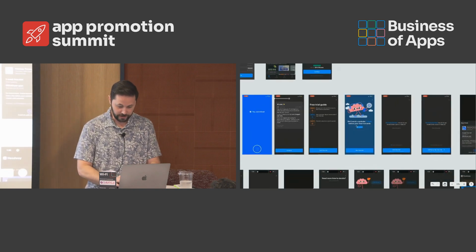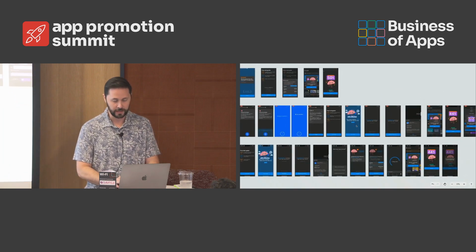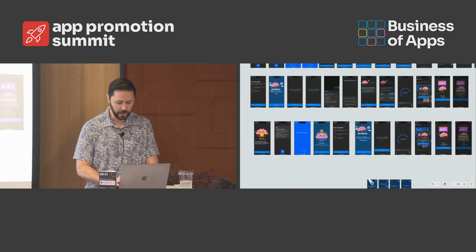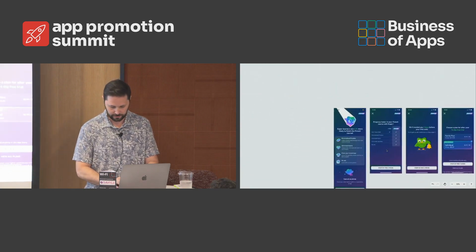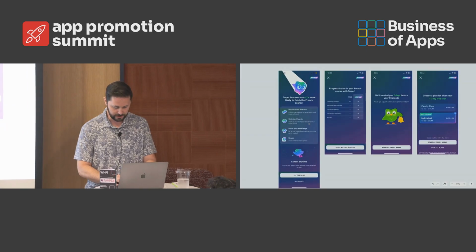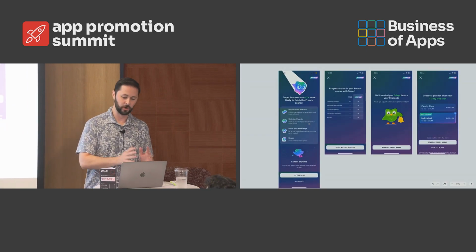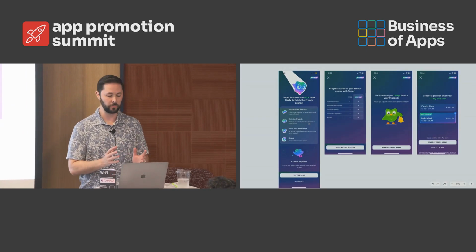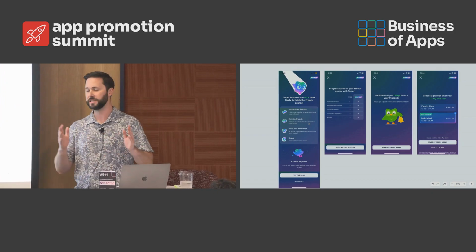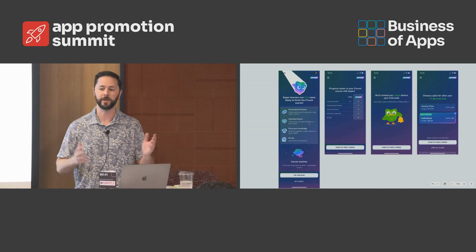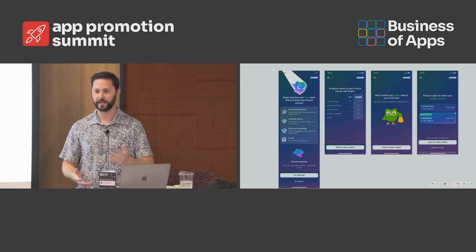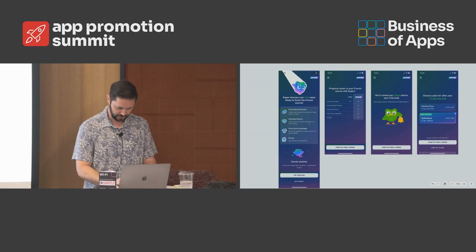I don't have the full onboarding flow for Duolingo, but Duolingo is one of the first companies that I saw use this. They broke out their old paywall into this multi-stage flow. I believe they're the first, and everybody copied them, as everybody does. Everybody copies Duolingo. That's how the world works.